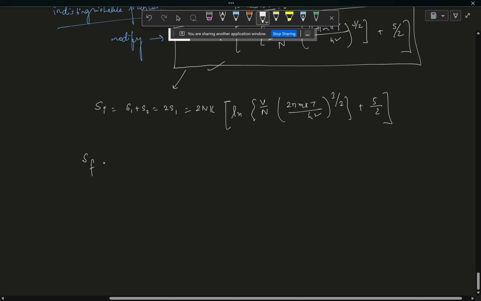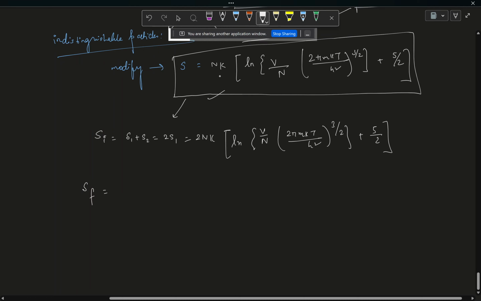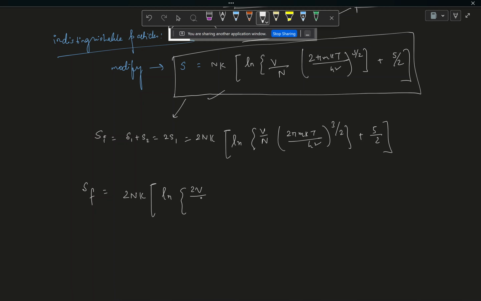But the final entropy SF equal to, now your n should be changed into 2n, so this is 2nk ln of V should be changed to 2V and again n to 2n, so the 2 cancels out, into (2 pi mkT divided by h squared) to the power of 3 by 2 plus 5 by 2.